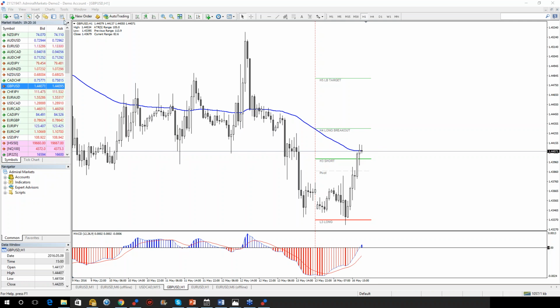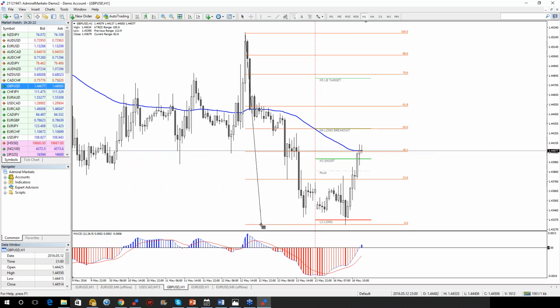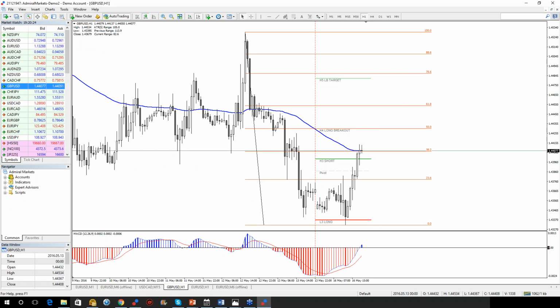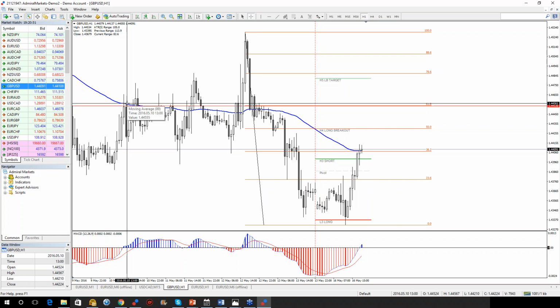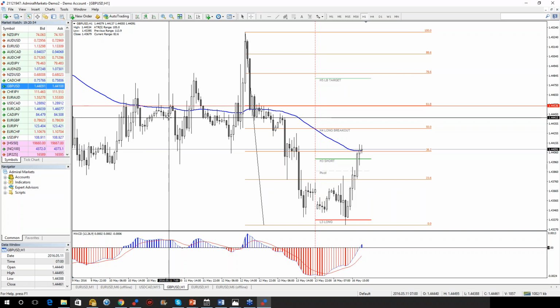I'm not saying that it will make a T89, but pay attention to a possible T89. 1.4460 is actually a host of confluence points here. See? The price could go here, so pay attention to 1.4435 also. But what I'm counting on is actually this historical selling zone. Watch historical sellers here.